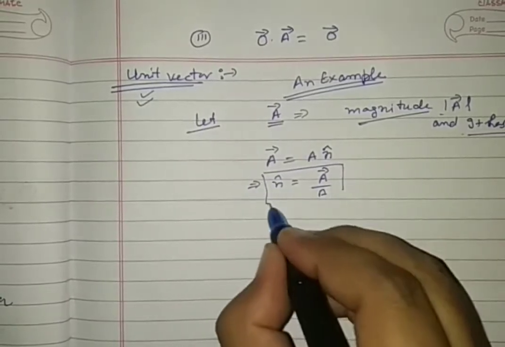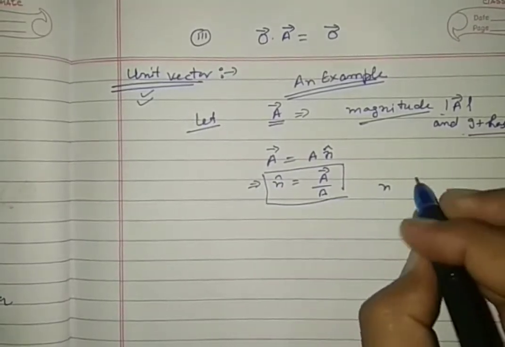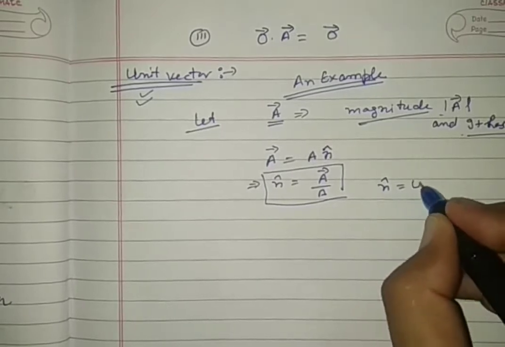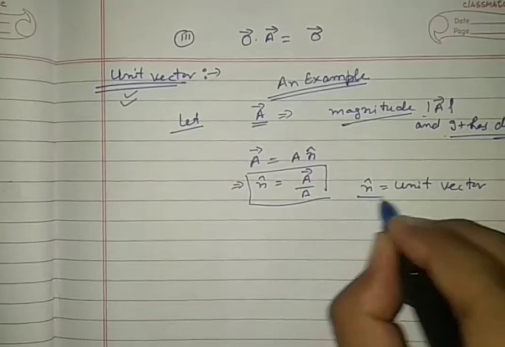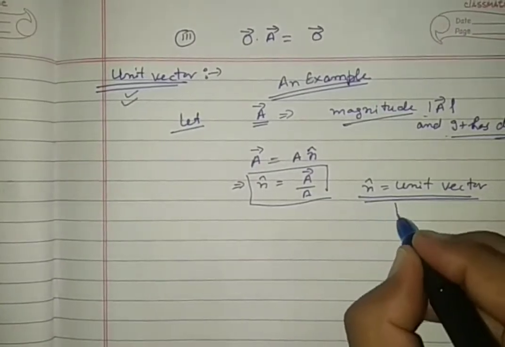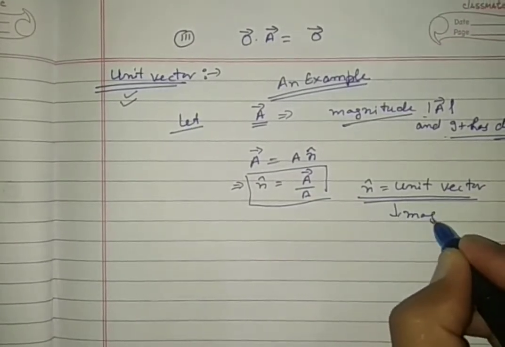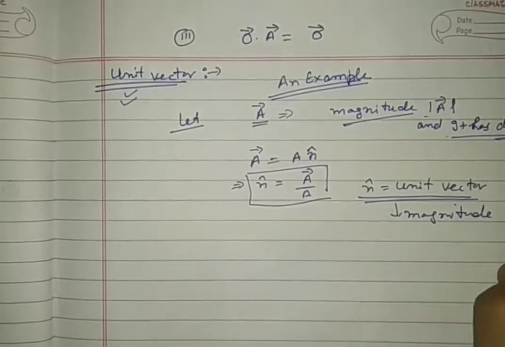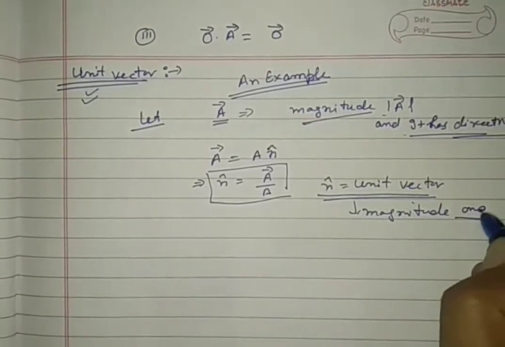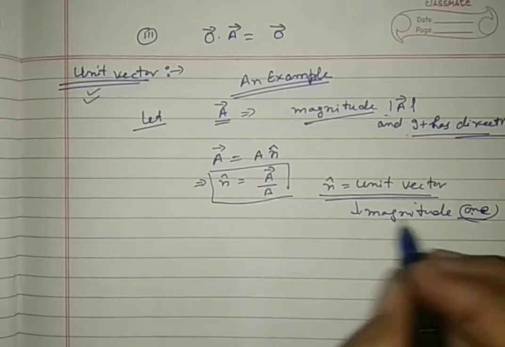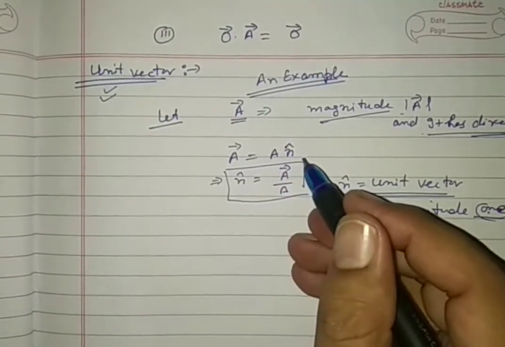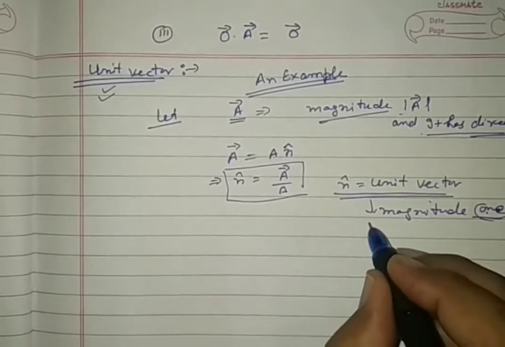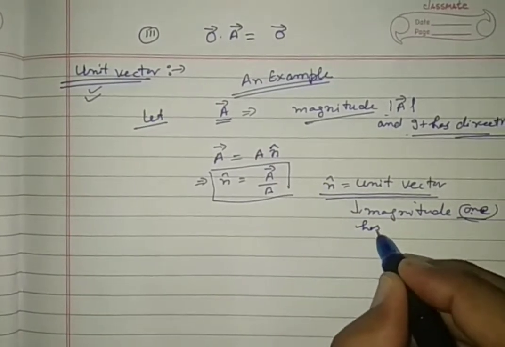See, here in this case n cap is called unit vector. What does it mean by unit vector? It has magnitude 1. What is the magnitude of this? 1. So 1 will be multiplied by A, will be the same as you know, and has direction.